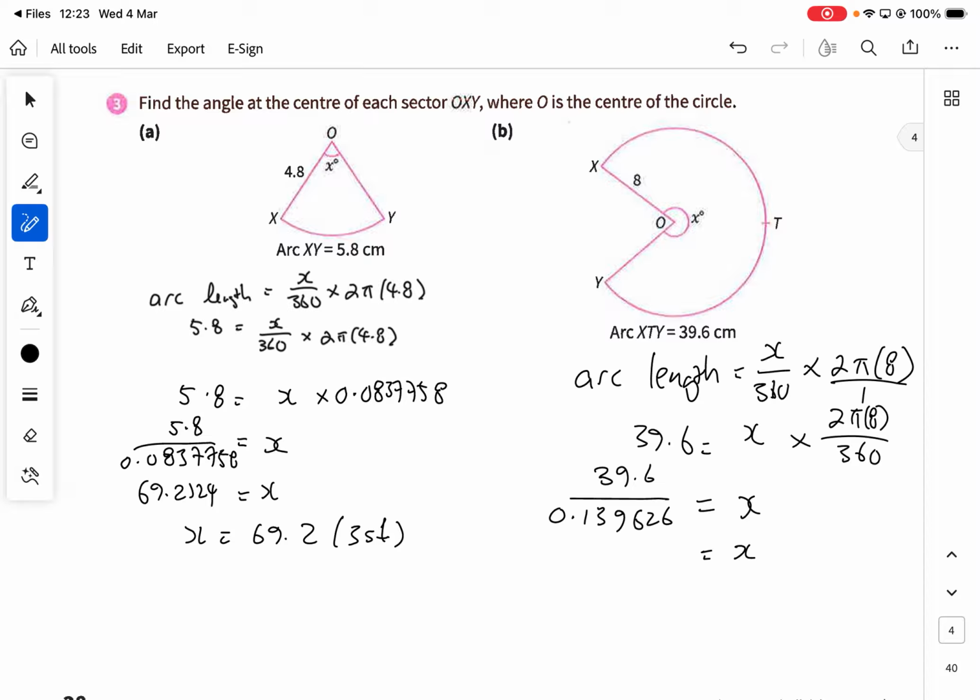So I think these few questions highlight the importance of being able to solve equation. Because if you remember, we started with knowing angle, knowing radius, finding arc length. Then this question, we know radius, we know arc length, then we find back angle.